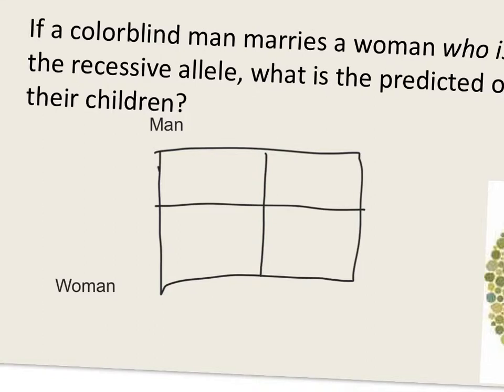Or we'll go normal and colorblind. There we go. Okay. So the woman is a carrier on her X. So she's normal. Okay. Now remember, these are both X's. So let me, and then up here, the man has an abnormal X.